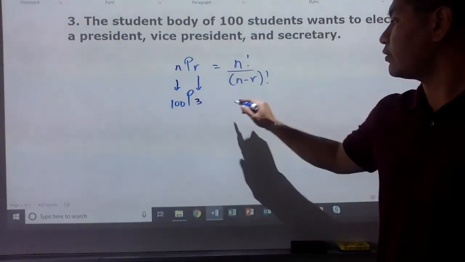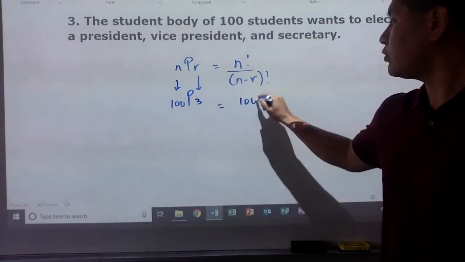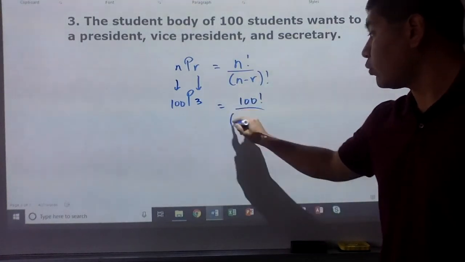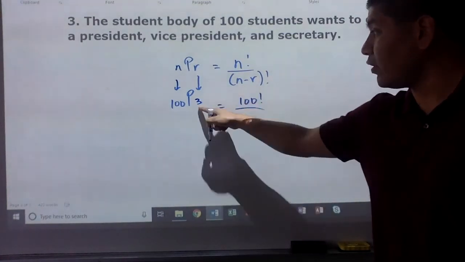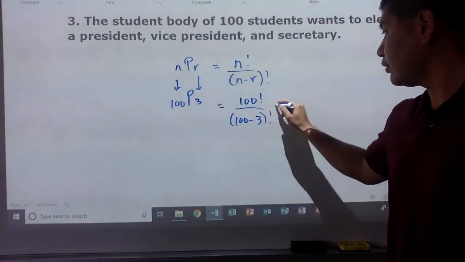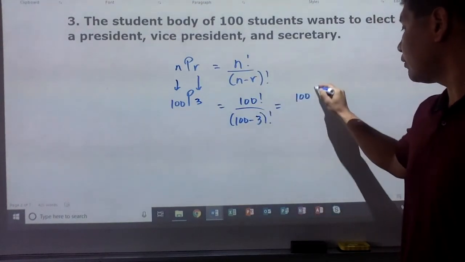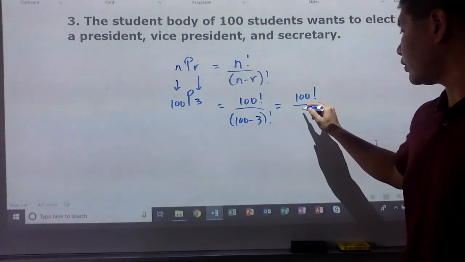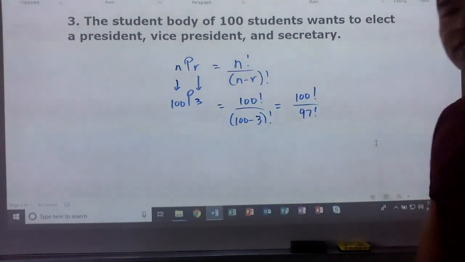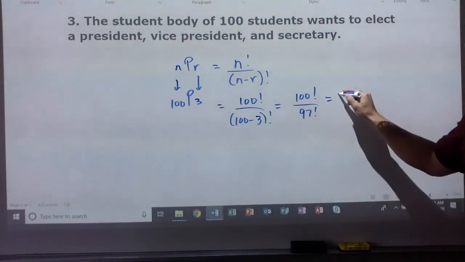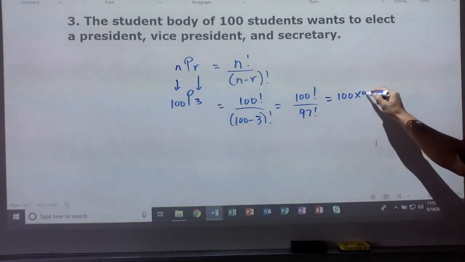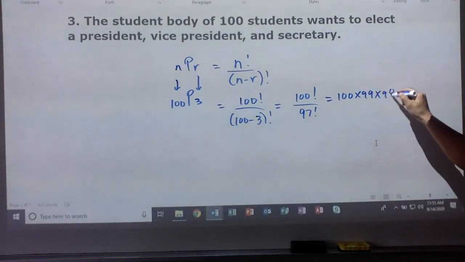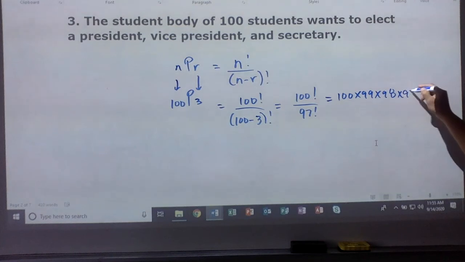So let's replace them. 100 factorial over 100 minus the r, so 97 factorial. So just expand it. 100 times 99 times 98 times 97.